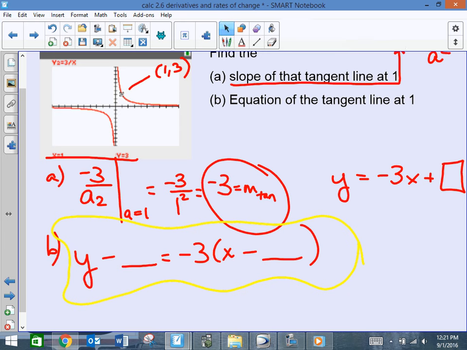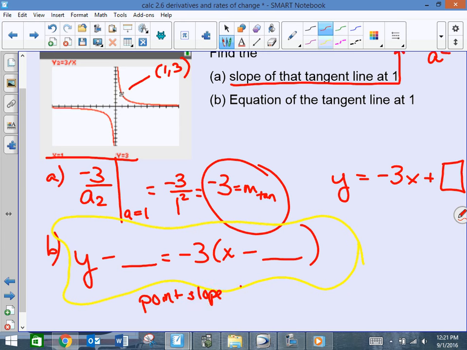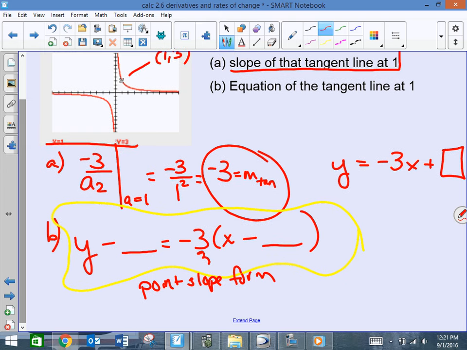This is the point slope formula. Notice I put my slope in, and these are variables, but this is your point. This is your x value of your point. This is your y value of your point. So what are those x and y values? X is 1, y is 3.